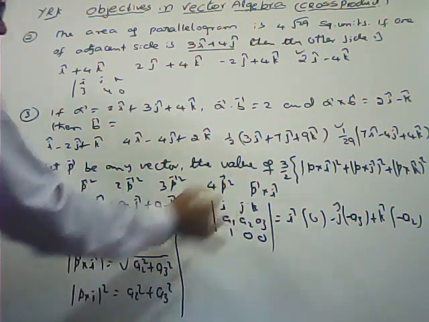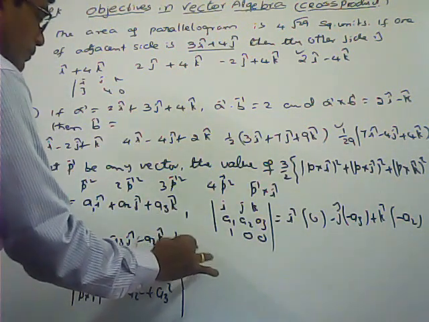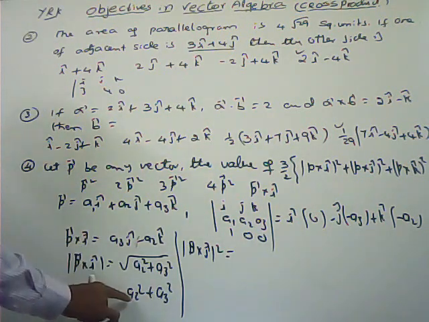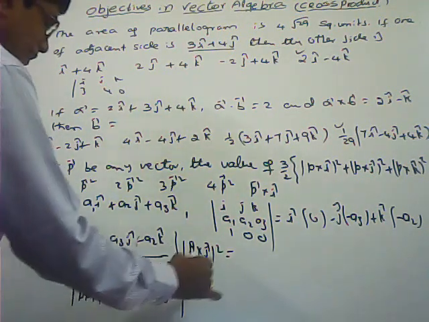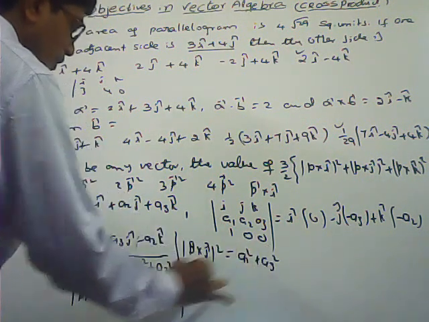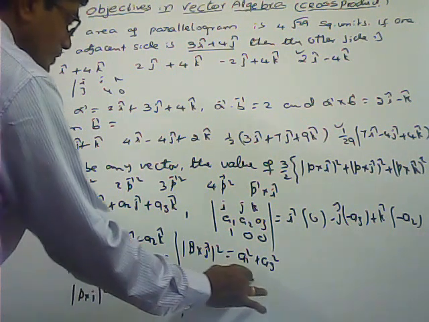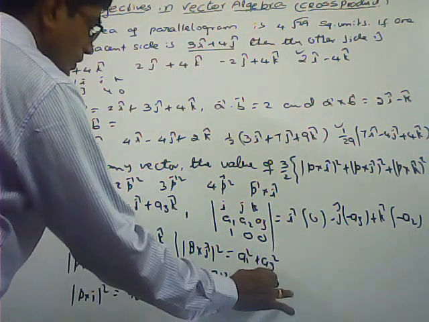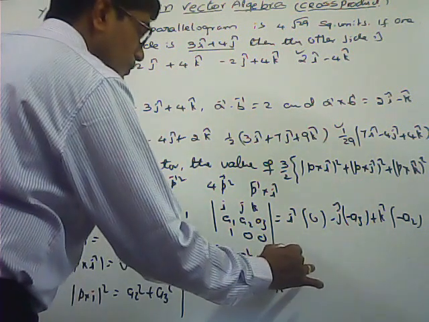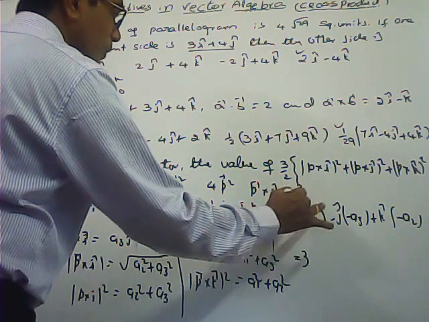Similarly, for the remaining we can write directly. For P bar cross j cap, modulus of P bar cross j cap whole square is equal to a1 square plus a3 square, as here we won't get the second term. Modulus of P bar cross k cap whole square is equal to a1 square plus a2 square, and the given value is 3 by 2.